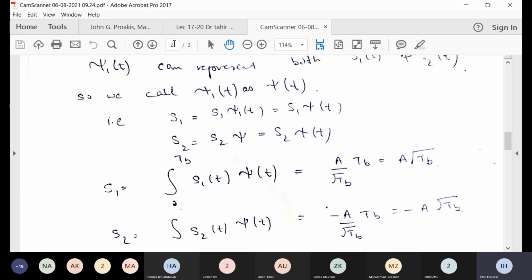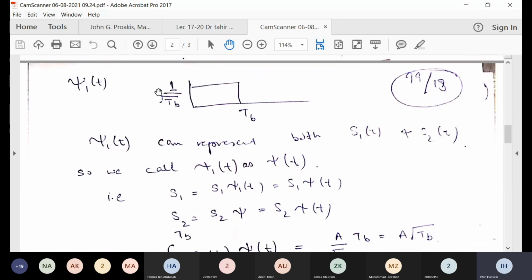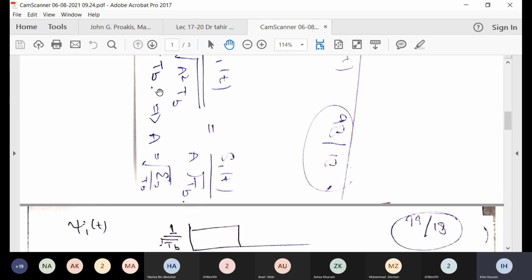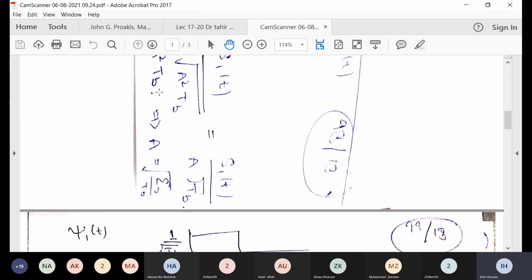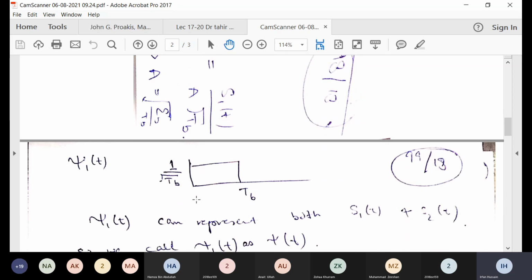Alright, so our psi1 we just saw will be equal to S1 over A times the square root of TB. S1 was having an amplitude of A, so A divided by A comes out to be 1, and the amplitude comes out to be 1 over the square root of TB, the height.